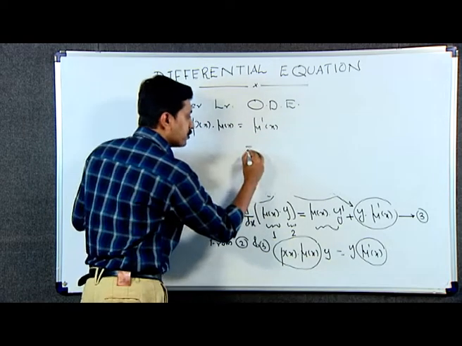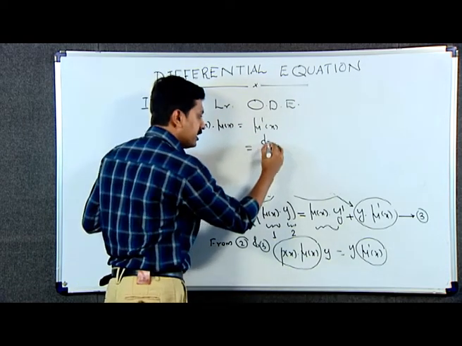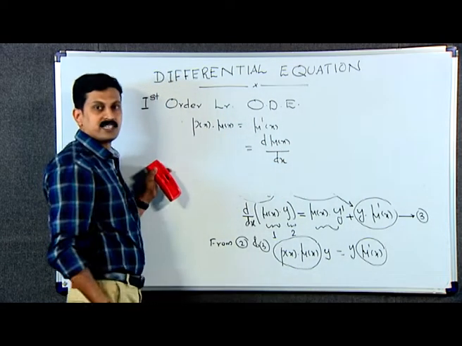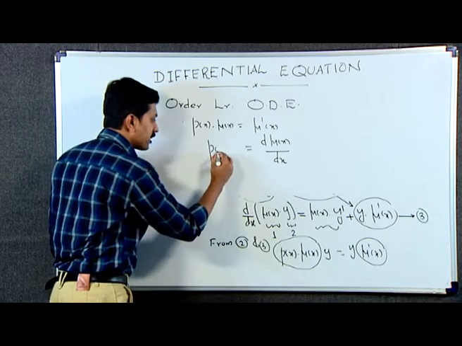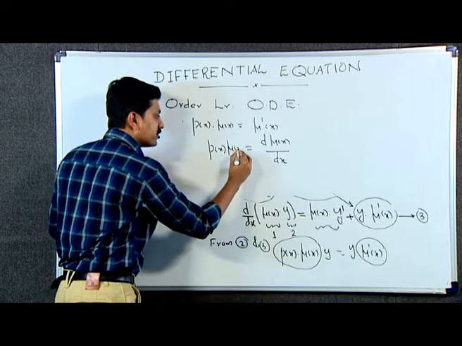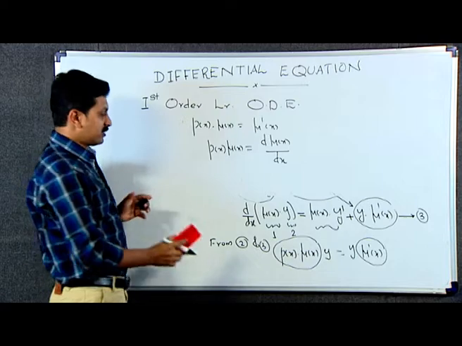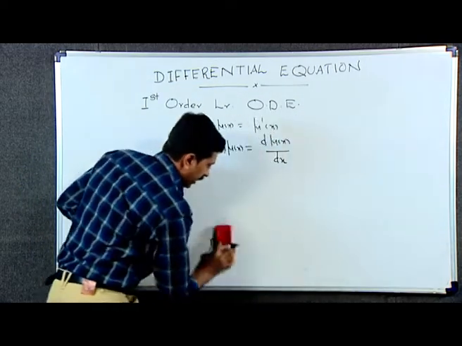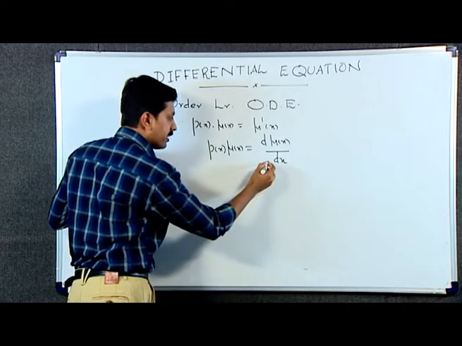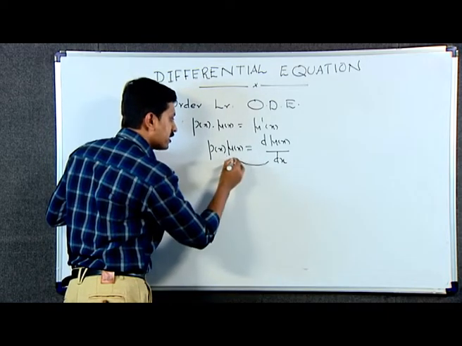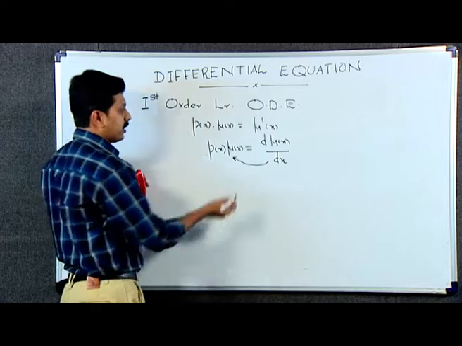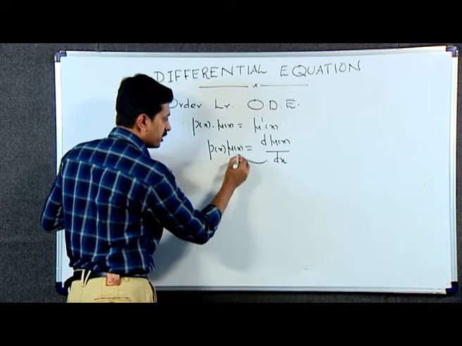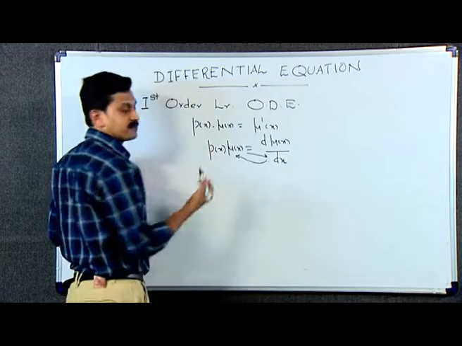We can write mu dash of x as d mu of x divided by dx, and this is equal to p of x into mu of x. As we did previously in variable separable, I would like to take dx to the right side and mu of x to the left side.